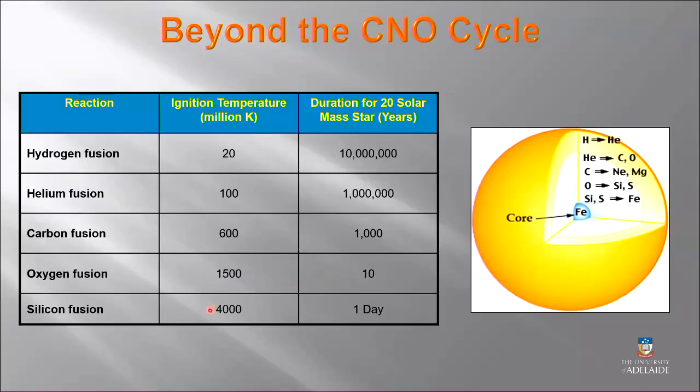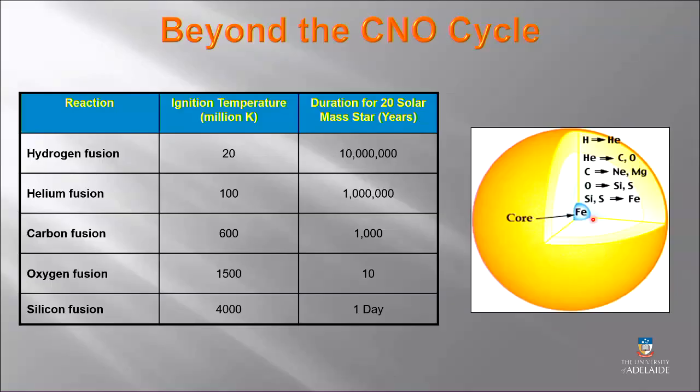Finally, when that runs out, the core gets up to 4 billion degrees. And at that temperature, the silicon starts to fuse into iron. And this lasts for 1 day. It really chews through that fuel, and it builds up a core of iron, Fe. Now, iron is the most stable element on the periodic table.